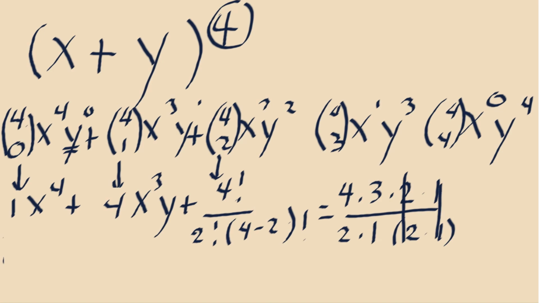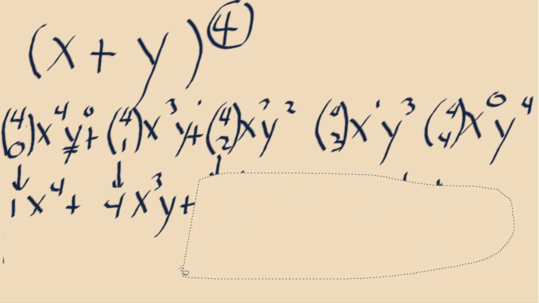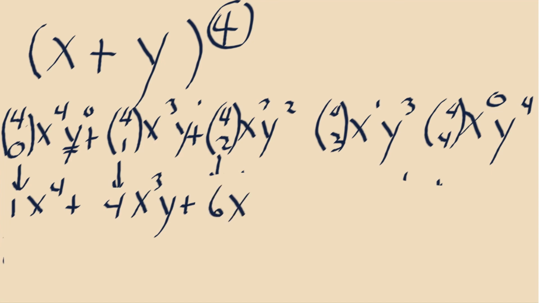So that will be reduced to 12 divided by 2 is 6. Okay, so our coefficient for the third term is going to be 6. All right, so it's going to be 6 over here. X squared, y squared.